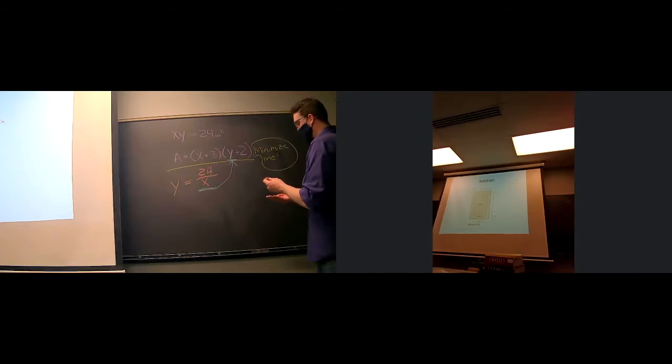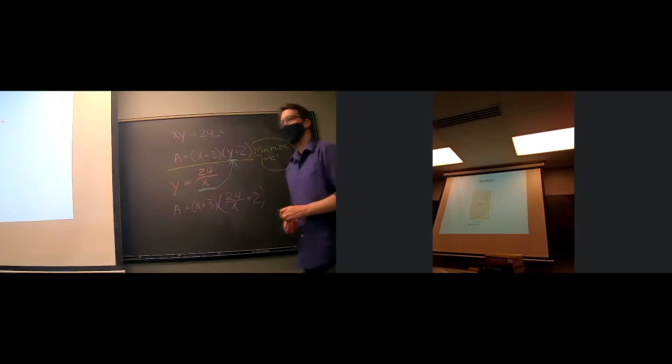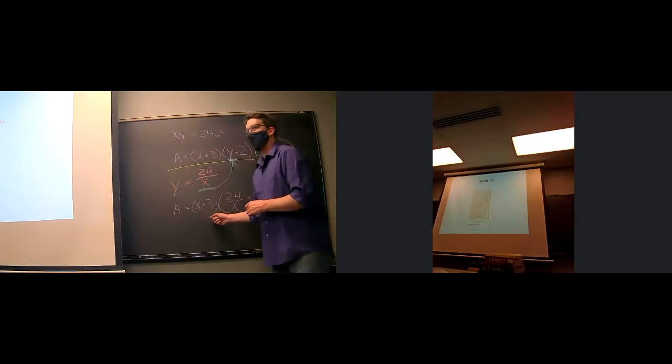When we do, we're going to end up with A is equal to x plus 3, the quantity, times the quantity 24 over x plus 2, right? And we want to minimize this.